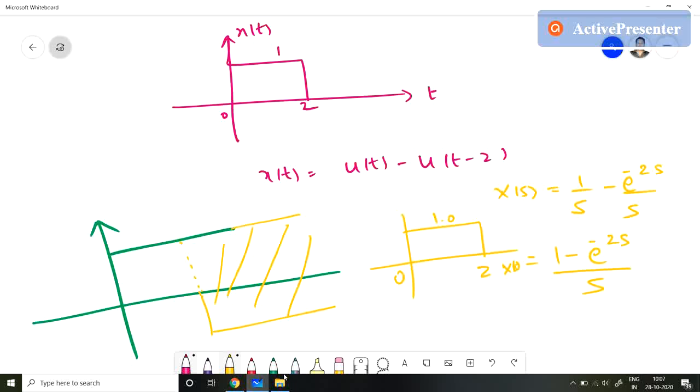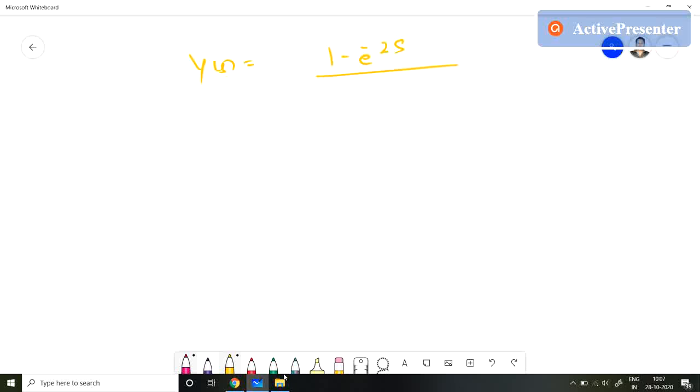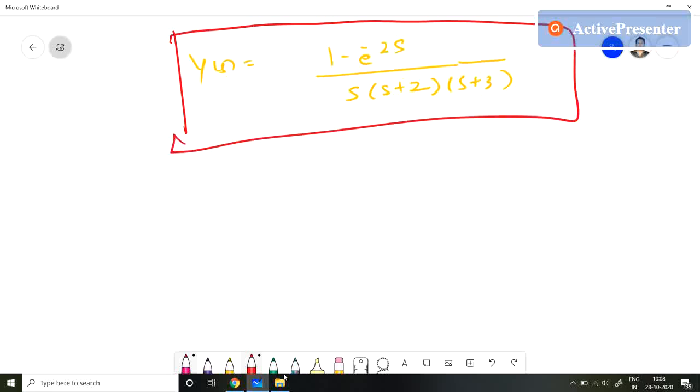Now we can put this value of X(s) in Y(s), and we will get Y(s) as (1 - e^(-2s)) divided by s(s + 2)(s + 3). So this is the Laplace transform of y(t).